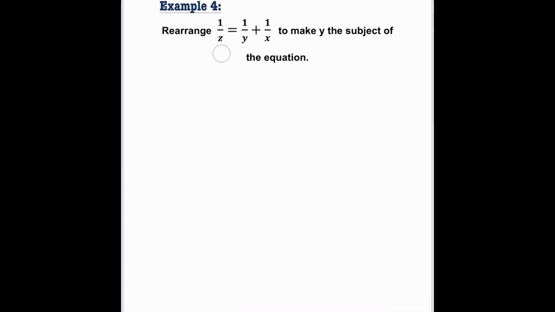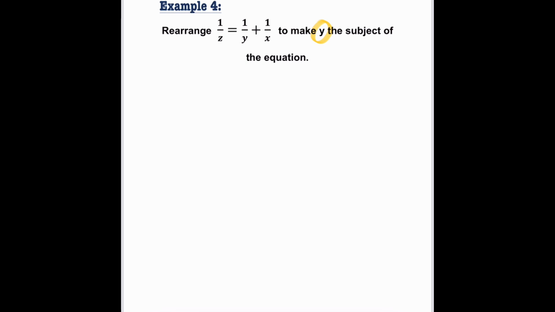Rearrange 1 over z equals 1 over y plus 1 over x to make y the subject of the equation. So take note, y as the subject of the equation. And you can see fractions everywhere, right? So the first thing that we need to do is to get rid of the fraction.